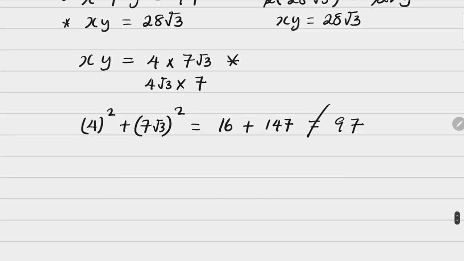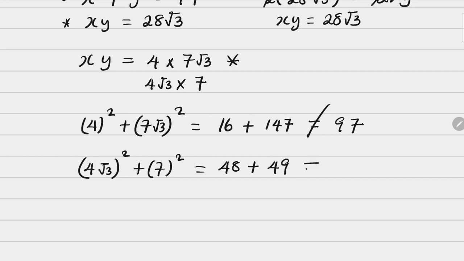Then let's test the second one. I have 4 root 3 all squared plus 7 squared. Now this is going to give me 48 plus, sorry, 48 plus 49. If you check this, it's going to give me 97.